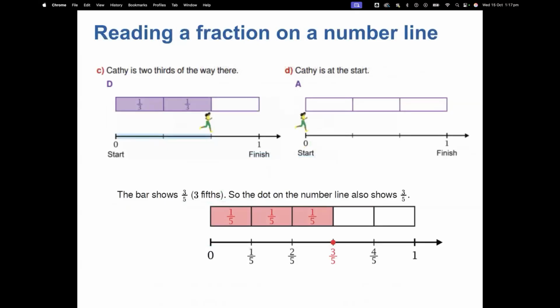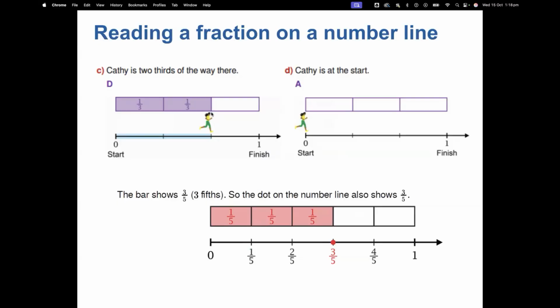Now, recall earlier that I said that students find number lines really difficult sometimes. And so what we do, and I recommend this, is use a bar model, because they find a bar model much easier to comprehend and understand. And so we make the connection between them. We draw the bar above the number line, and here they can see that 2/3 is the same length.